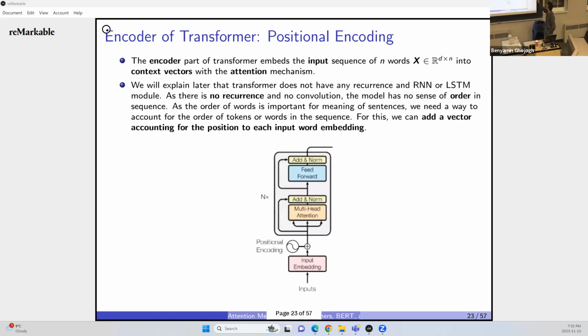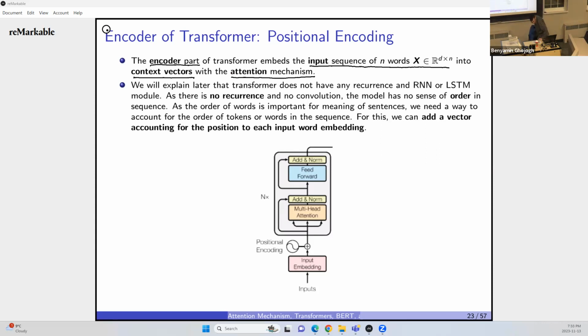The encoder part of transformer embeds the input sequence of n words into context vectors with the attention mechanism. So do you remember, the encoder gets the input and makes a context vector. This is exactly what it is doing, and it uses attention mechanism also in it, right?